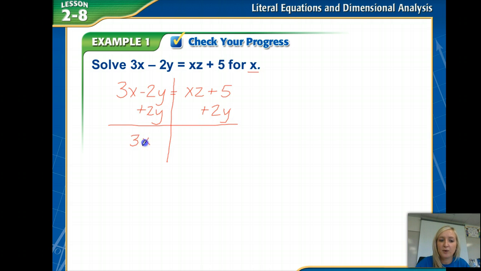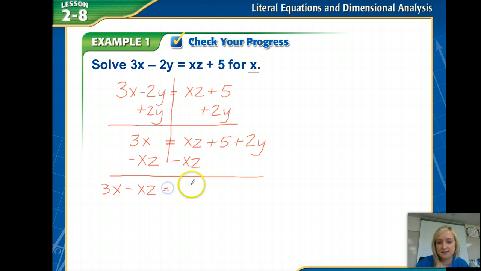This gives me 3x on this side, and on this side I have my xz, my 5, and my 2y. There's nothing over here that I can simplify or add together. Well, if I have one x on this side, I need to bring the other x to that side as well. So I'm going to subtract xz from both sides. This gives me 3x minus xz equals 5 plus 2y.